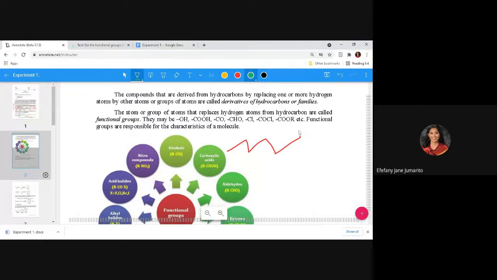We know there is H, then another H here, because this is C, with H here and another H here. Now, if we replace it, we have COOH, we have an aldehyde, or we have a ketone.